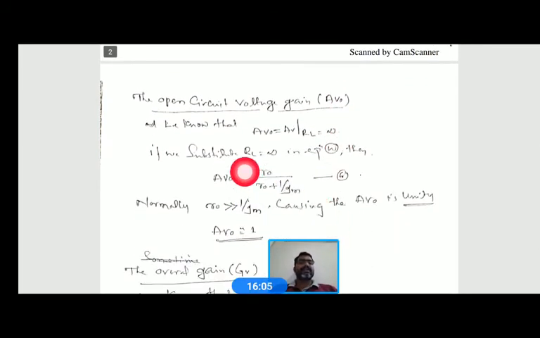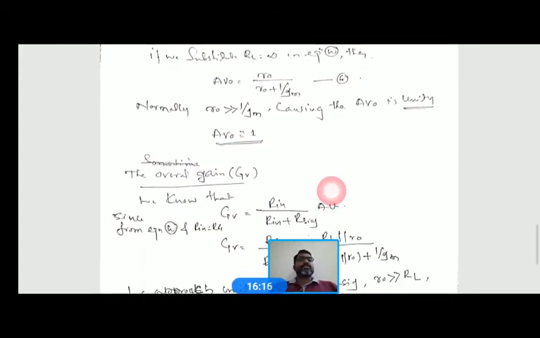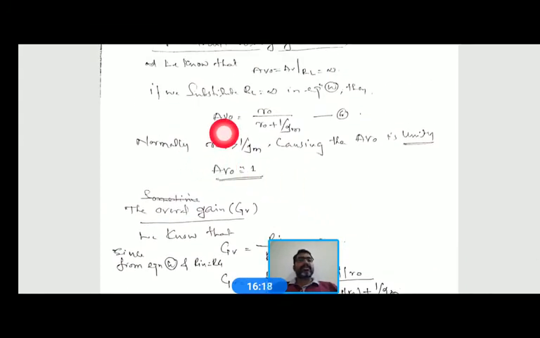So if RL is infinite, then the open circuit voltage gain AV naught is equal to R naught divided by R naught plus 1 by gm, that is equation 6, right? Normally in this configuration, R naught is very much greater than 1 by gm.